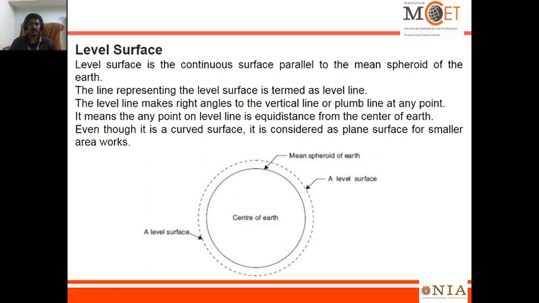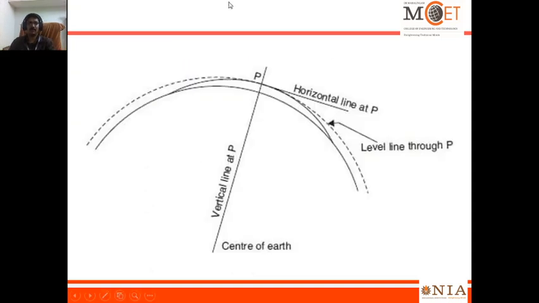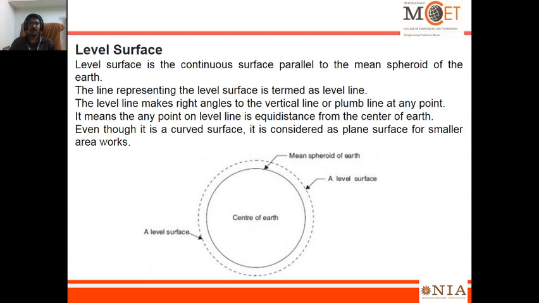We have seen in the previous diagram, the level line makes exactly 90 degrees with the vertical line. Wherever you drop the vertical line from here, it will make exactly 90 degrees, wherever it is on the earth surface, right? So it means any point on the level line is equidistant from the center of the earth.